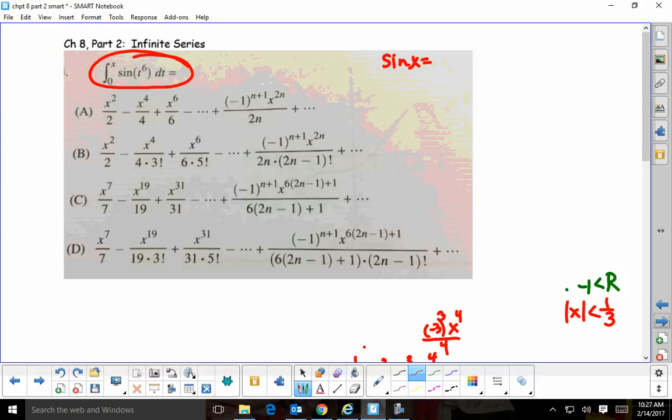Write out the first few terms. No, just write out the terms of sine, like the basic one.